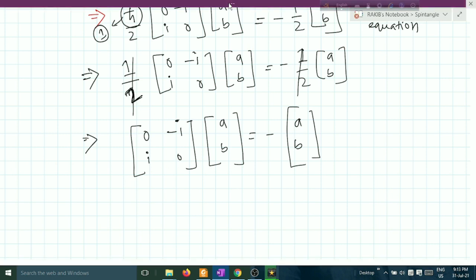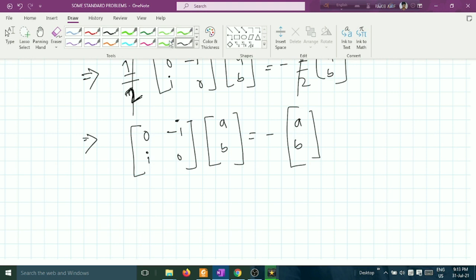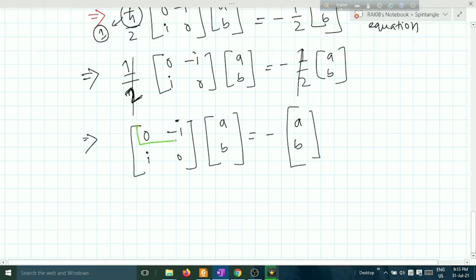From the matrix multiplication formula, this row will be multiplied by this column. What will be there in this case? 0 into a plus minus i into b is equal to what?